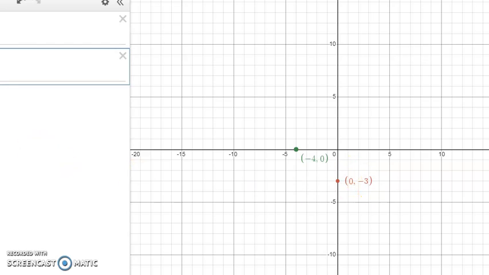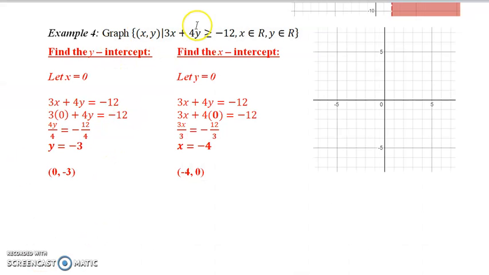So we have our 2 coordinates, and then we're going to graph a line through. This one's going to be a solid line, and the reason it's solid is because the inequality was greater than or equal to.